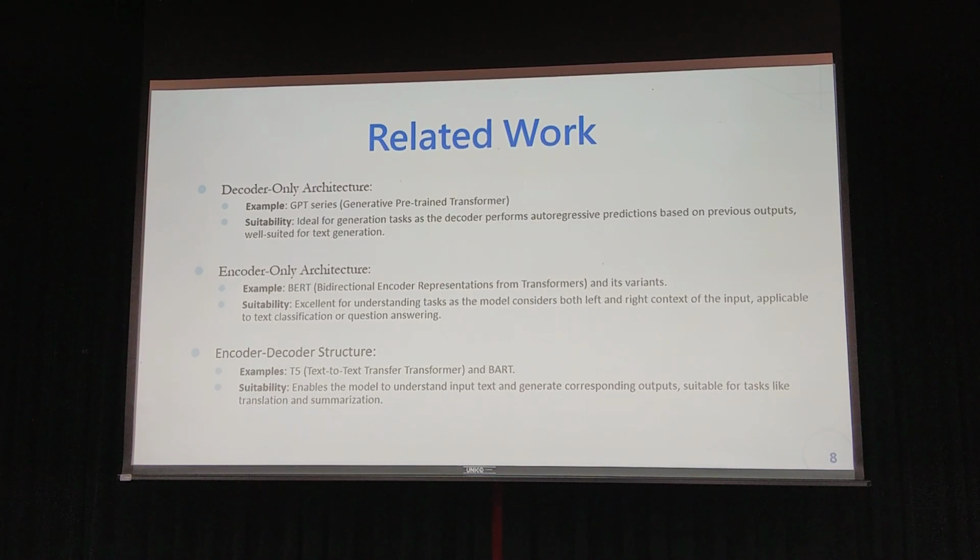For our task, as you can see, the decoder-only structure is suited for text generation, and encoder-only is suited for classification and question answering. If you use the encoder and decoder layers, it's very good for translating languages and summarizing. In our work, we choose the decoder-only structure because we want to generate the answer from the questions.